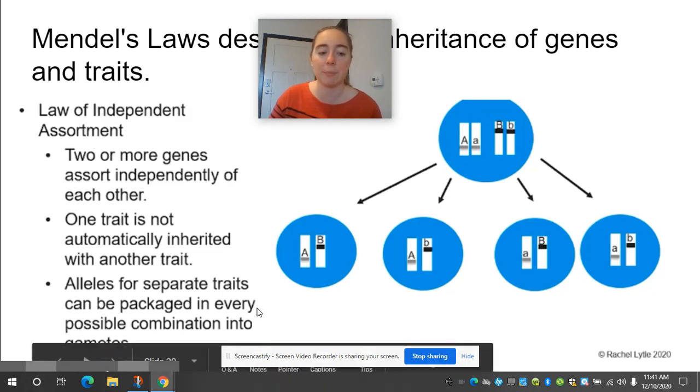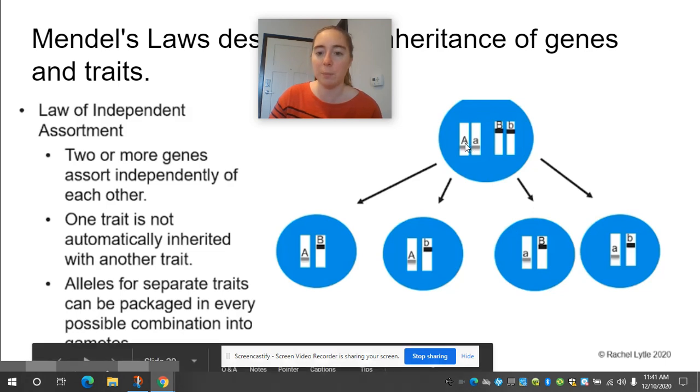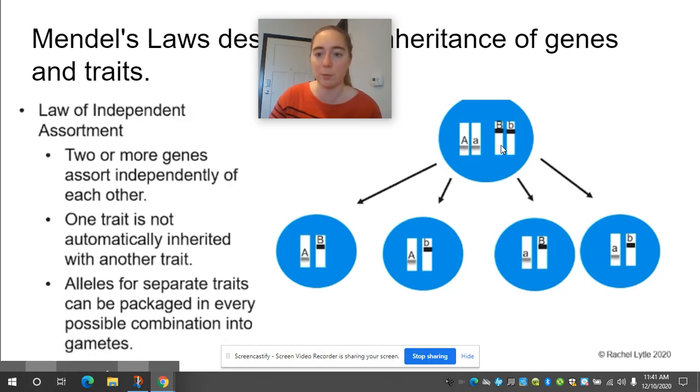And alleles for separate traits can be packaged into possible combinations in gametes. So for example, this trait here is independent of this trait here, and we represented it with a letter A and a letter B in this case. When these chromosomes go through segregation, we know that you're going to end up with daughter cells, and this big A could go this direction, this big B could go this direction, this big A could go here, this little b could go here.